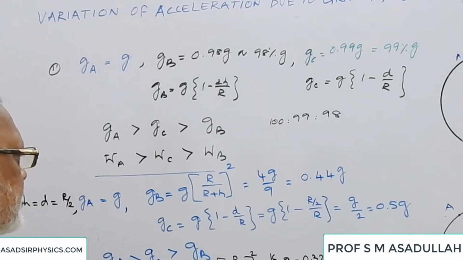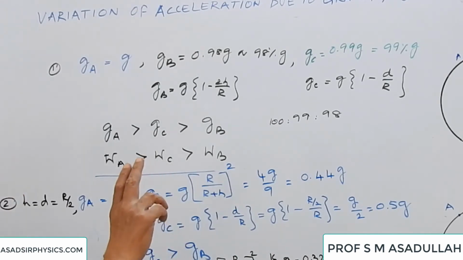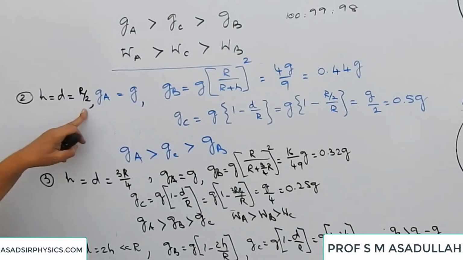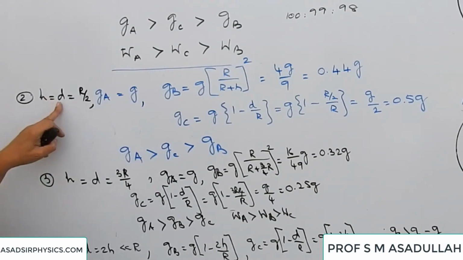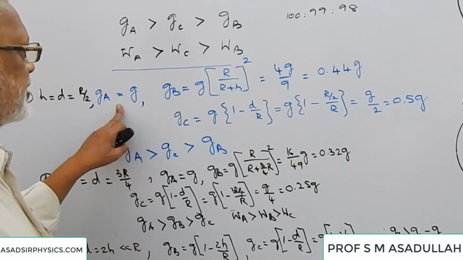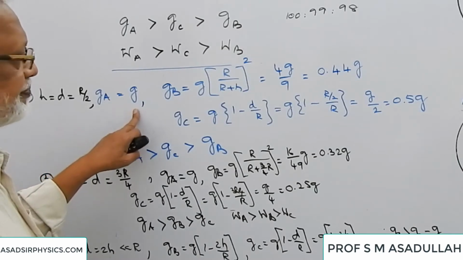Now let us consider big height and big depth. For example, let us consider a point B at a height r/2 and a point C at a depth r/2. Let us find the acceleration due to gravity. Since A is at the surface, Ga is equal to g.